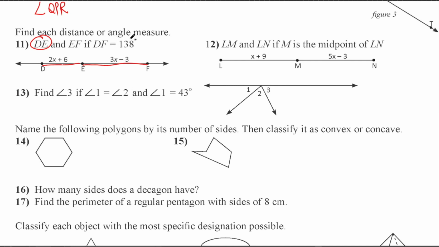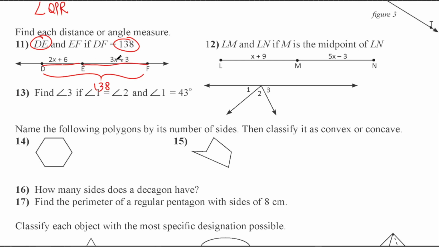What do they tell you, though? They tell you that DF is 138. So let me write that in here. 138. So that whole thing from D to F is 138. They told us that. So we got to figure out what's DE and what's EF. So what do you think we're going to do first before we actually find how long each of those segments are?